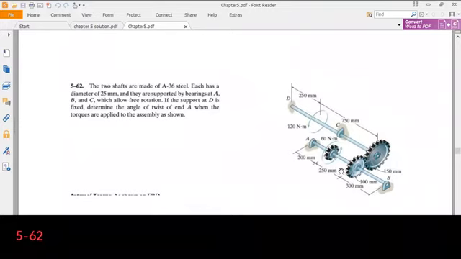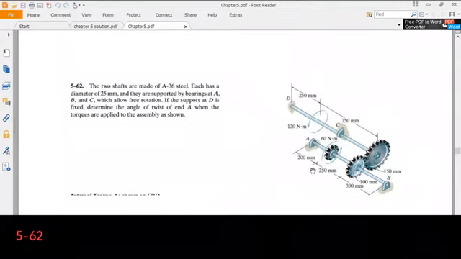And finally, this torque is transmitted to the second shaft with these two gears, which have a radius of 100 millimeters and a radius of 150 millimeters.